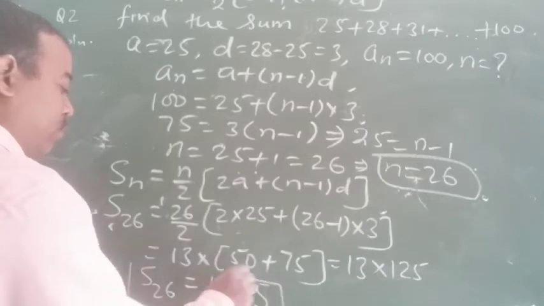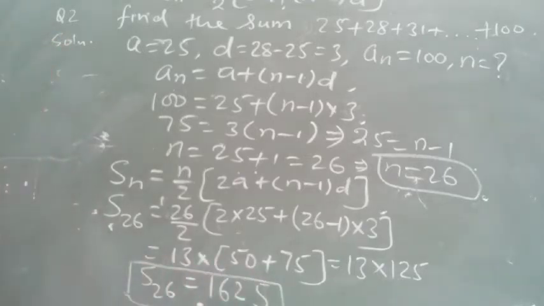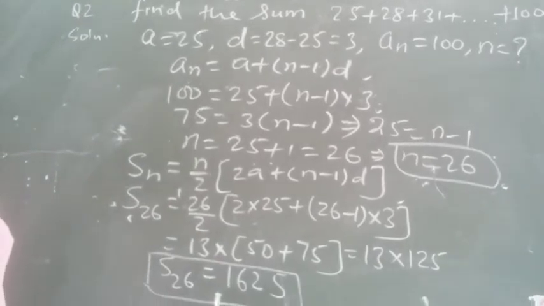The sum of 26 terms is 1625. Clear, my dear?